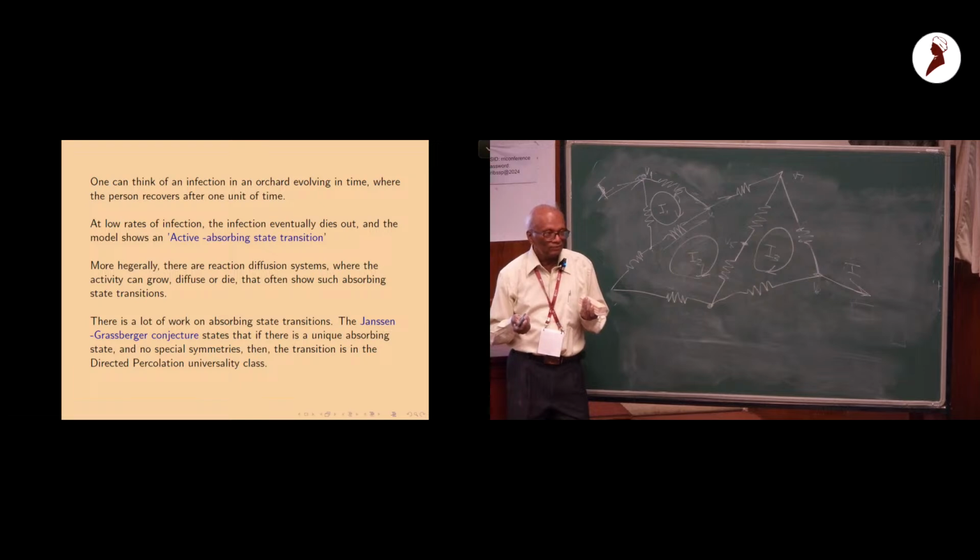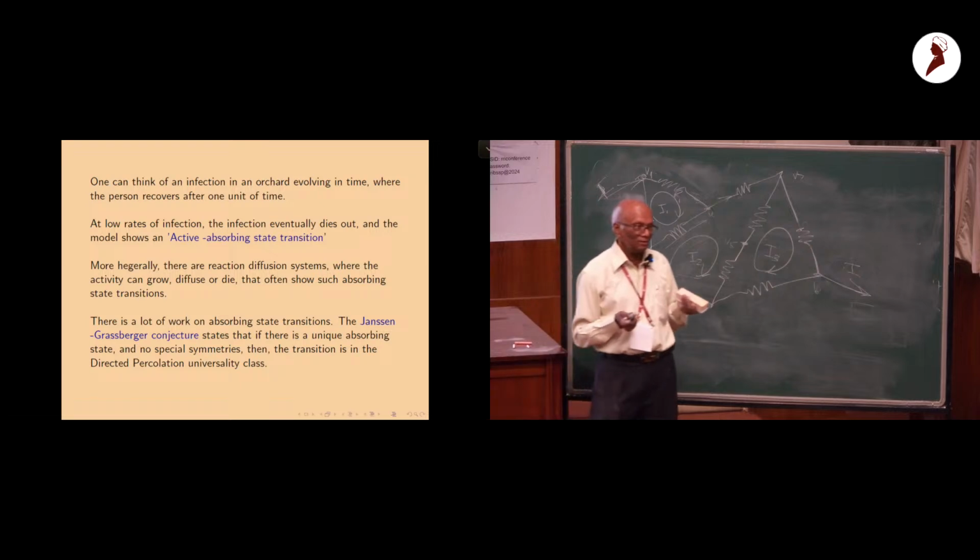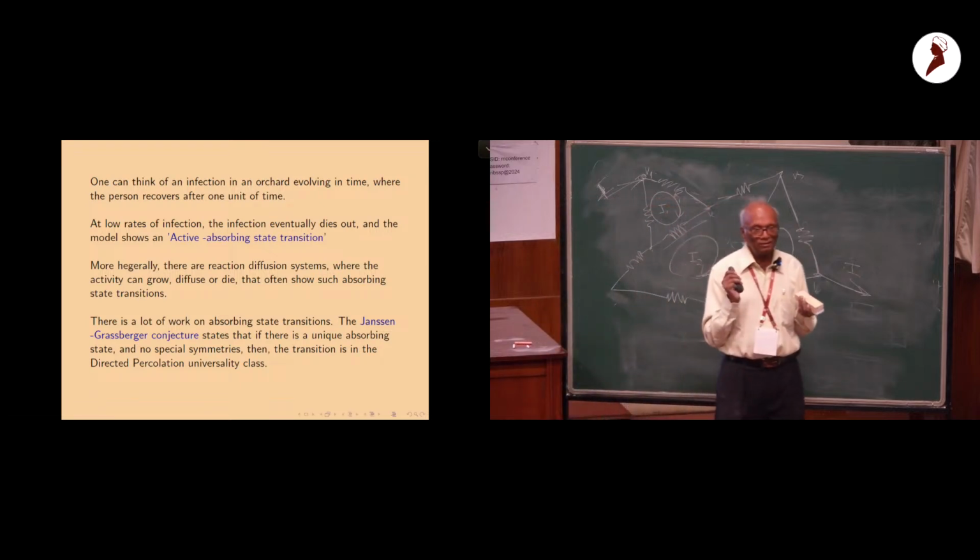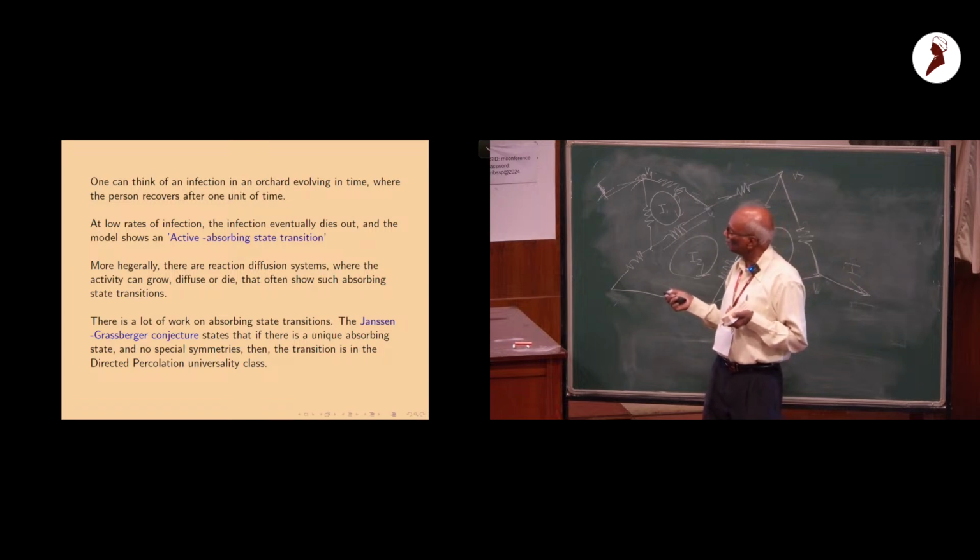An active state is where there are some people who are being infected and infecting others and so on. The active state can go on forever for some ranges of parameters, and it will disappear for some other range of parameters. And this transition is called the active state to absorbing state phase transition.